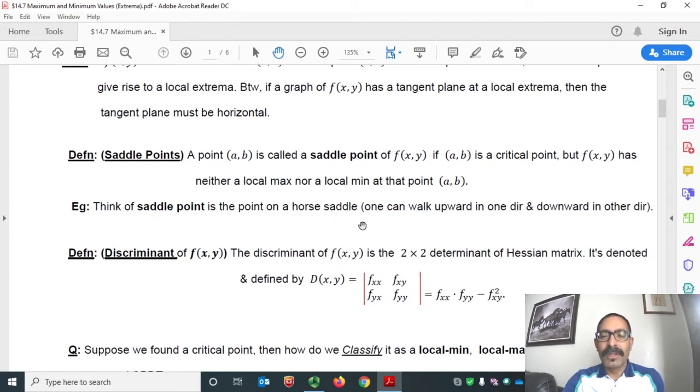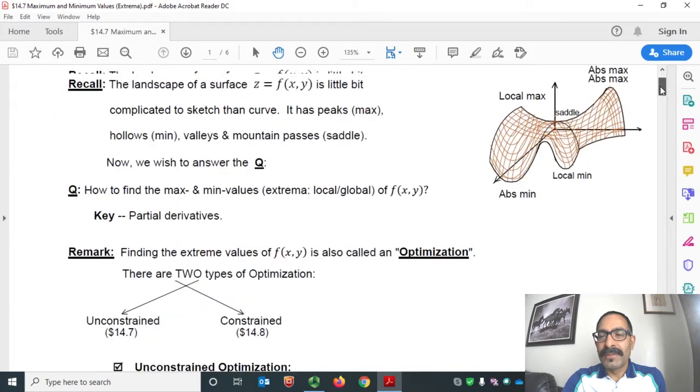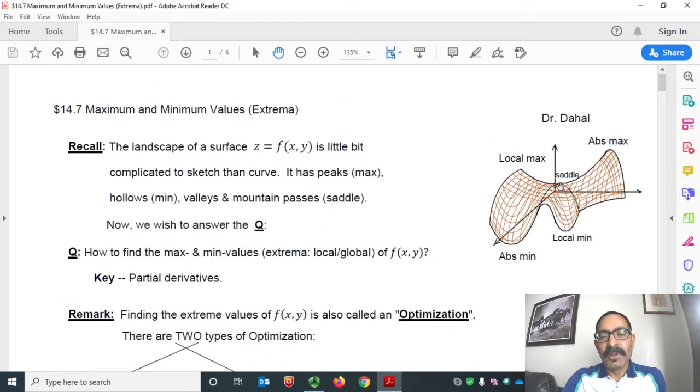One can walk upward in one direction and downward in another direction. Or for example, the graph I showed earlier, in this mountain pass here, we can walk upward in one direction and downward in another direction. So this point has no max and min here. That's why this point is called a saddle point. Let me scroll down again.